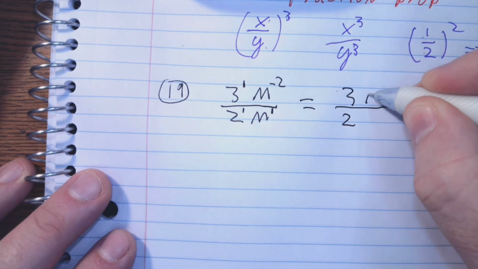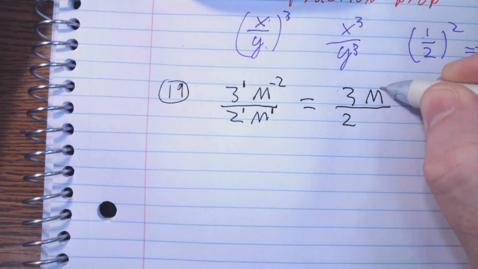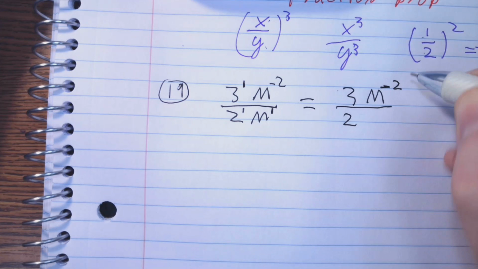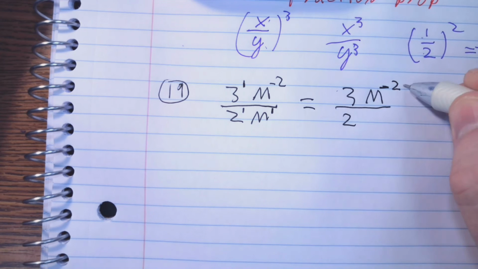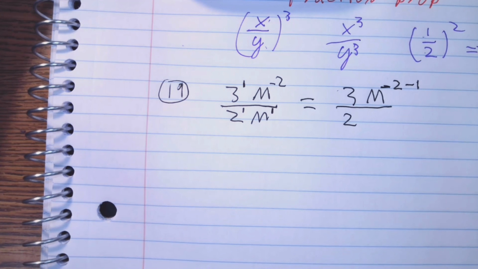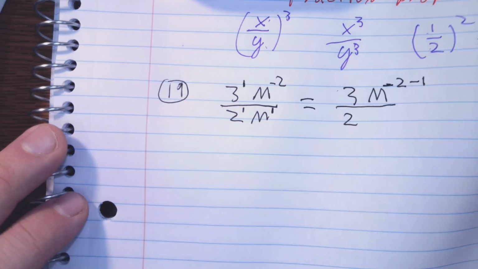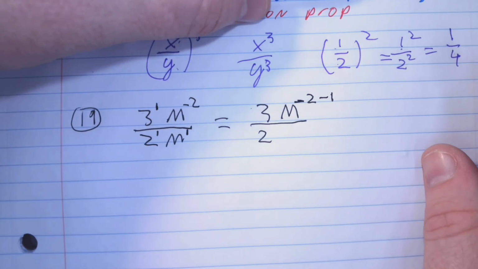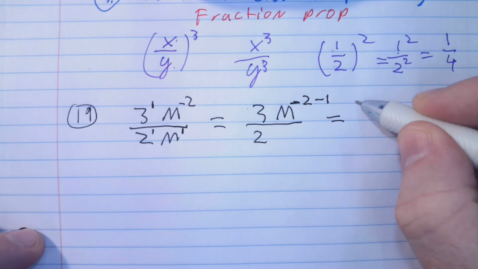And then I'm going to put the m on top. Always put your letters on top at first. So this would be a -2. Division means -1, right? And so we're going to end up doing this 3 over 2.